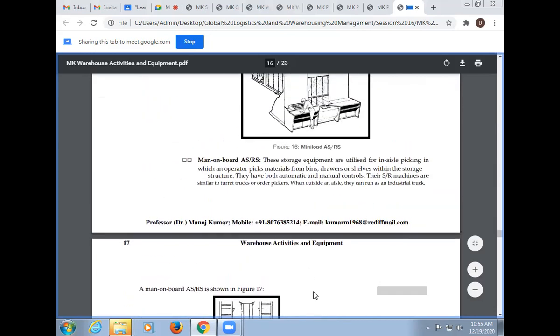These storage equipment are utilized for in-aisle picking, in which an operator picks material from the bins, drawers, or shelves within the storage structure. They have both automatic and manual control. The SR machines are similar to turret trucks or order pickers. When outside an aisle, they can run like industrial trucks.